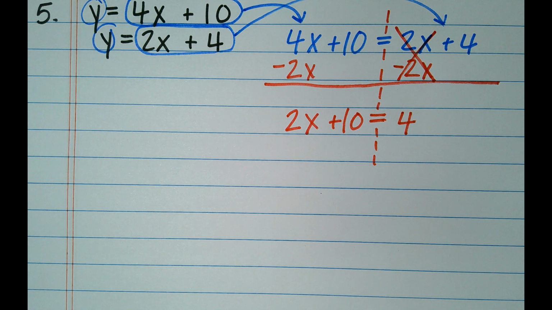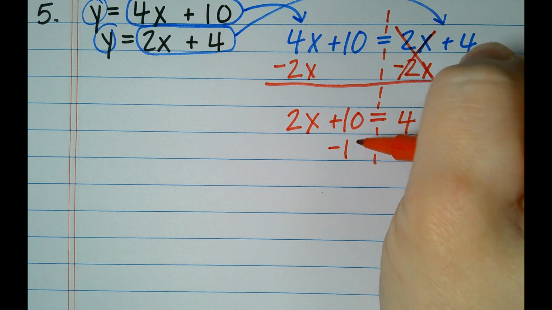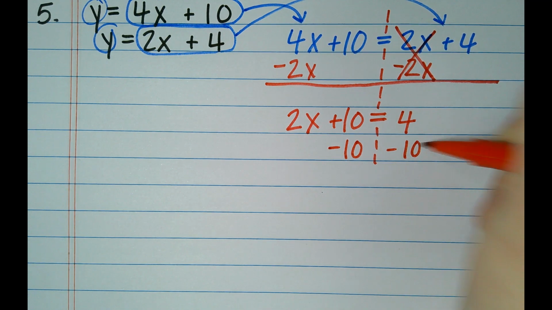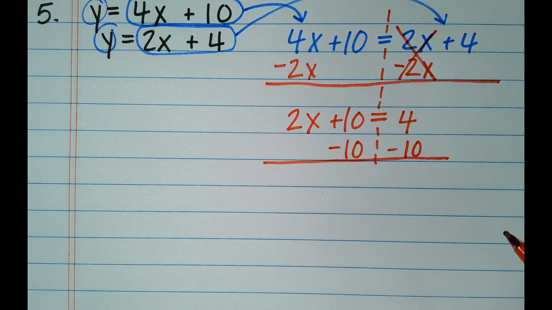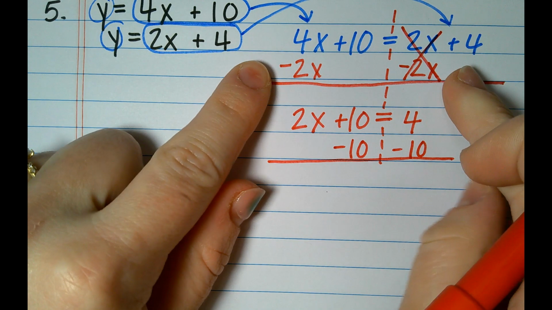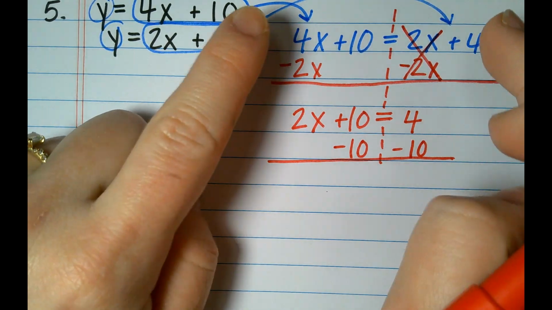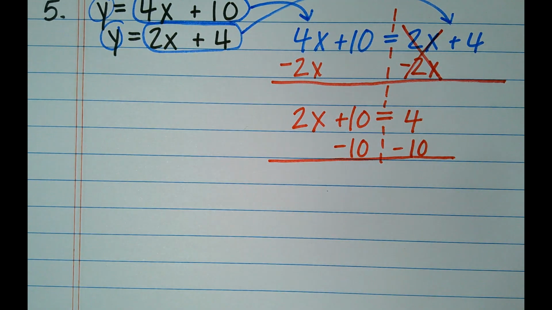What should I do? Subtract 10. Yes. Subtract 10. Now, why don't we divide by 2 yet? Basically, whenever we're combining like terms, we're talking about the x values and the non-x values.